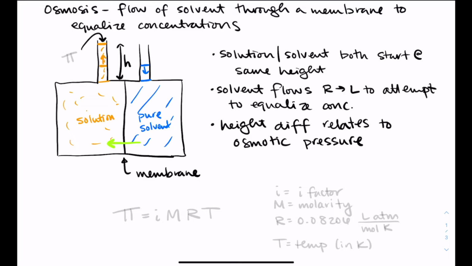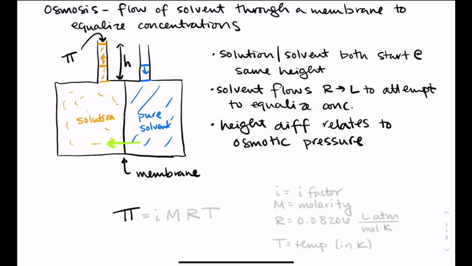We need liter atmospheres per mole Kelvin. Well, liters per mole is going to cancel with molarity. The per Kelvin is going to cancel with my temperature, which is also in here, and I'll be left with pressure units. So temp in Kelvin, so that it cancels. And I will get a pressure value out of this. So that pressure, that osmotic pressure, is the amount needed to stop osmosis.